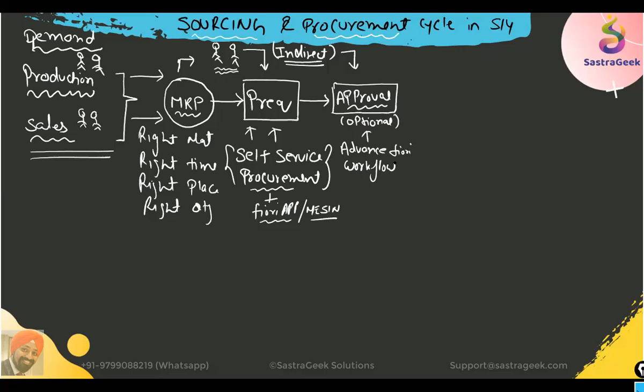Now we can go till 99, or even the limit is not there. You can go to N number of levels of approvals with advanced Fiori workflow. It is very easy to maintain. Even your core user would be able to understand that configuration and do the changes directly in the production system. So that's a very good functionality, but only available in S4HANA sourcing and procurement, not in ECC/MM. Okay.